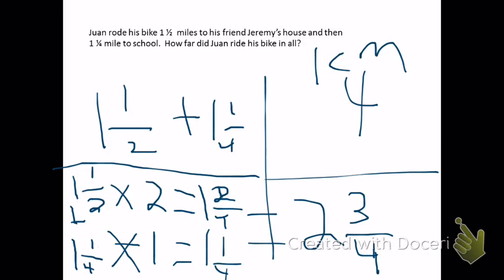Okay, I do have a problem though. Does anybody else see where the problem is in box 3? Marshall, do you see the problem in box 3? What did you forget?